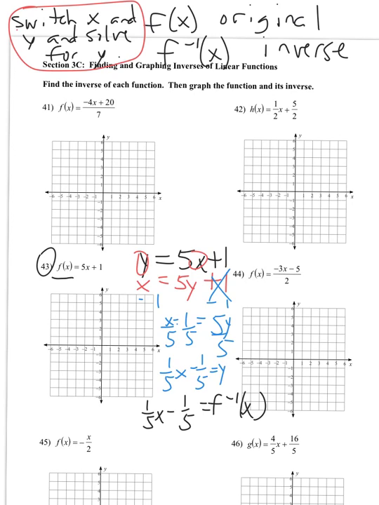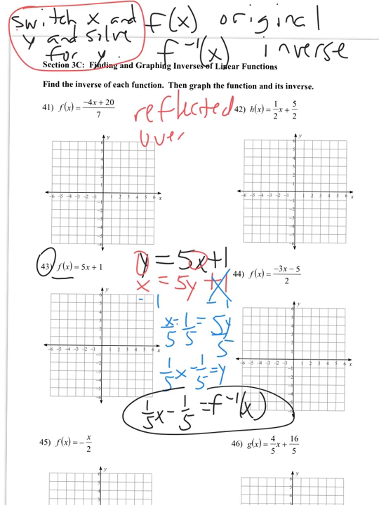And so now we're going to graph the inverse and the original. And also, all the functions are reflected over the line y equals x. So a function and its inverse, when you look at inverses, are reflected over the line y equals x.